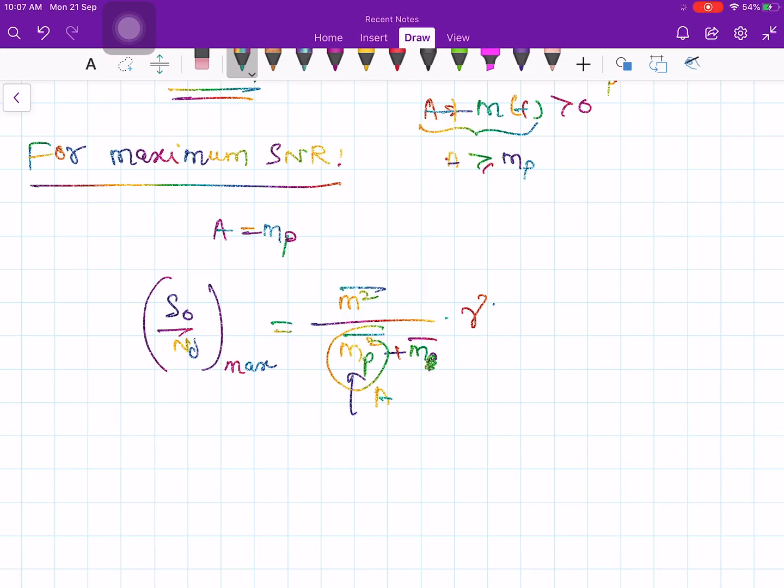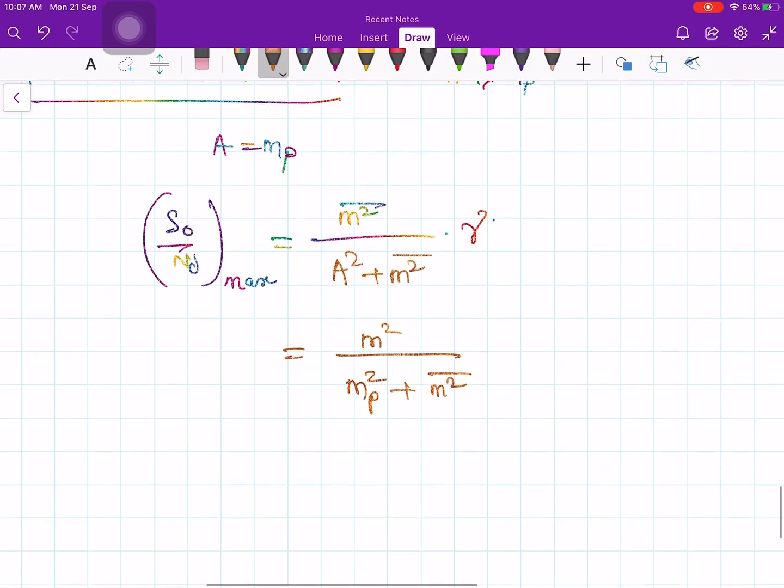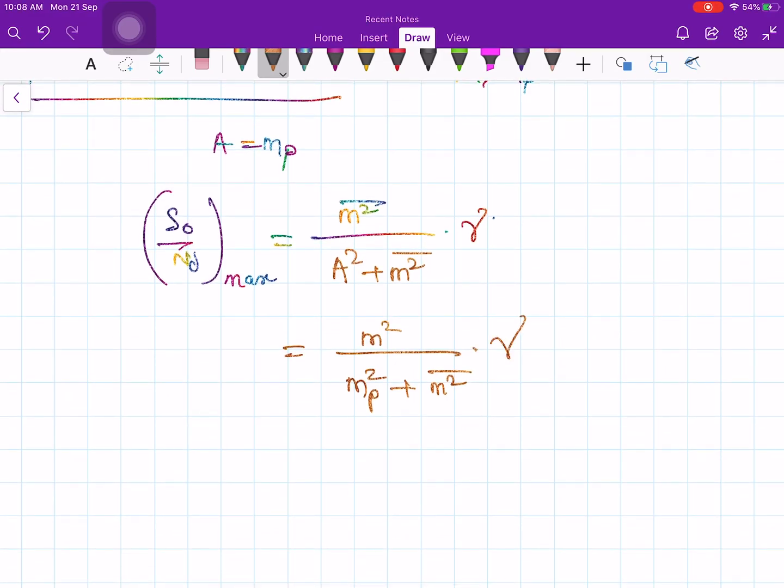In fact, if you write it properly, this is m-square-bar divided by A square plus m-square-bar, and A square now becomes the peak value m_p squared plus m-square-bar, times gamma. So this is an expression for the output SNR in terms of only the message properties, nothing else.